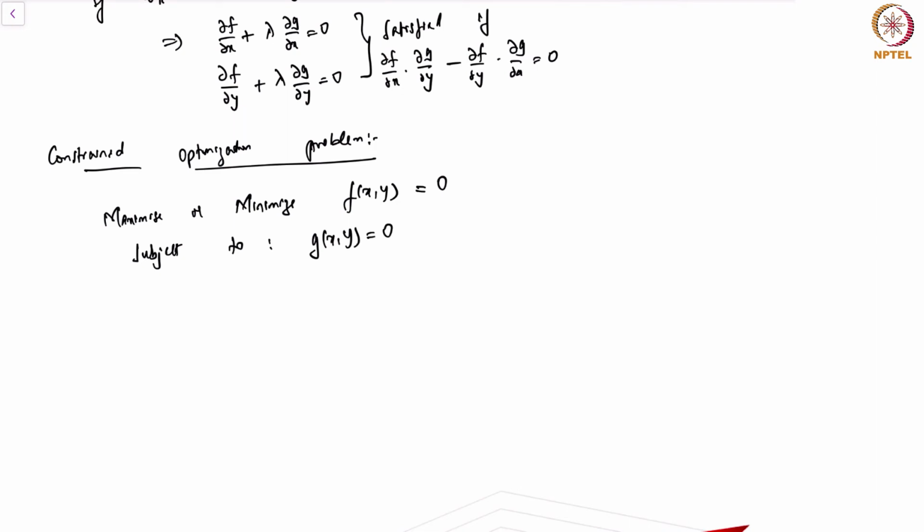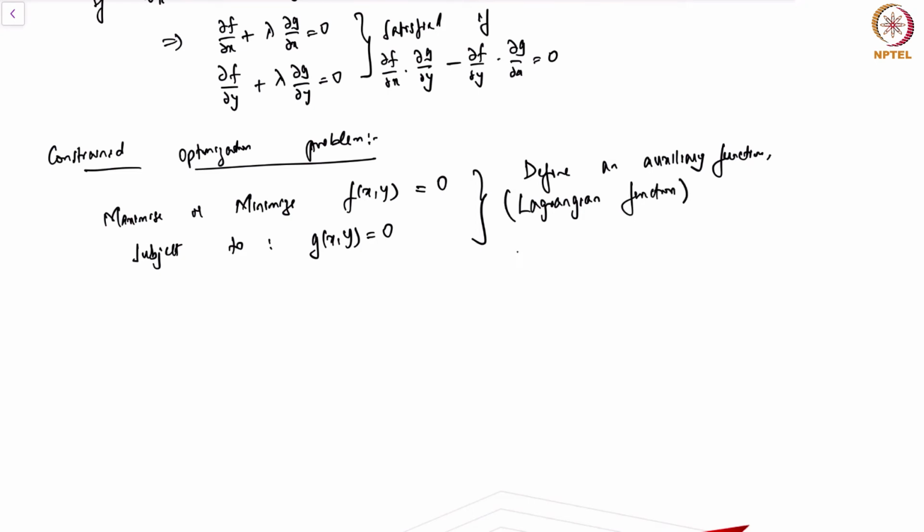This original problem can essentially be replaced with a problem of a single function called the auxiliary function. You can also call it the Lagrangian function.